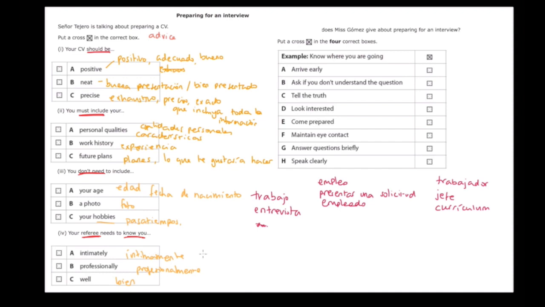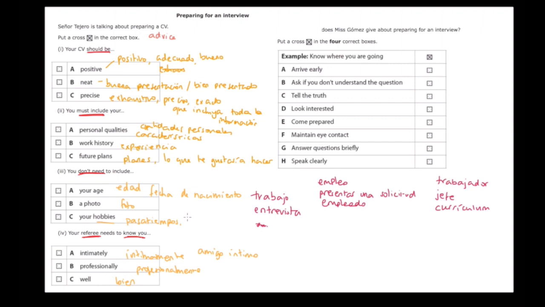For intimately, you could also talk about amigo íntimo, etc. So these are just a few approximations, and remember, with it being an A star, chances are you may not get too many of these, but the important thing is that your brain is starting to think about what you might hear. So that's a good thing.